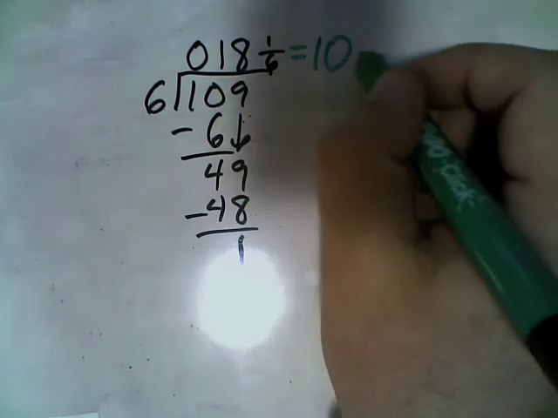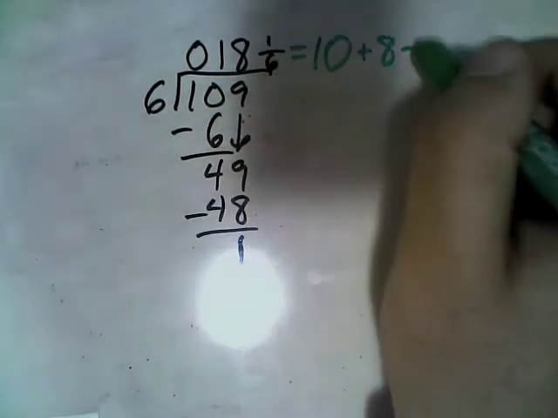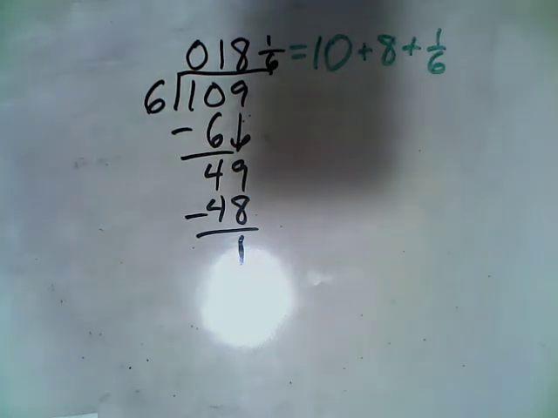This 8 here really means I have 8 ones, and then we're adding on a 1/6. That's really what that number means. We just throw it all together and combine it into a smaller form.